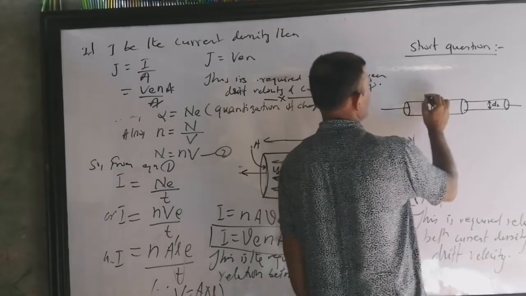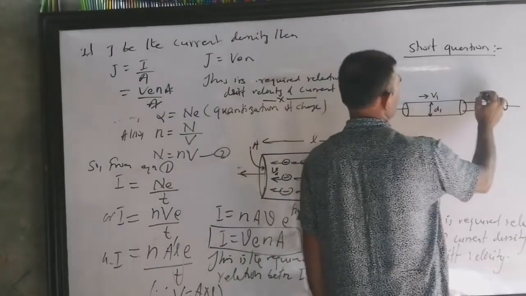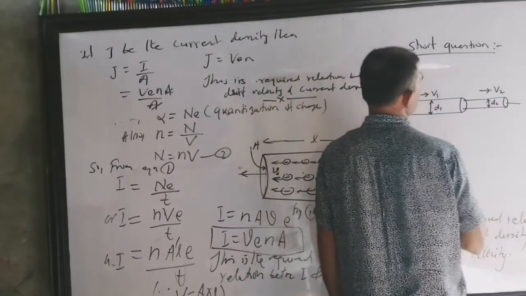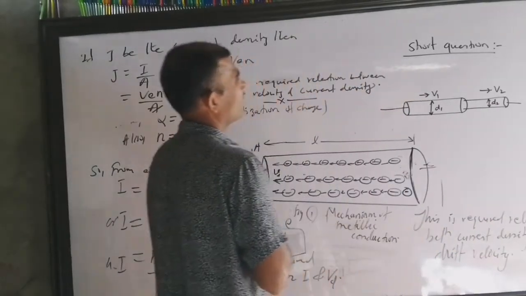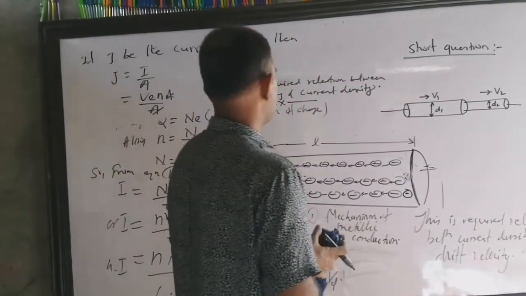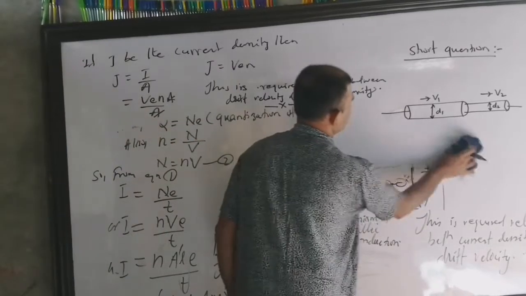If the drift velocity here is V1, what would be the drift velocity at the second part of the wire? Think and tell me.